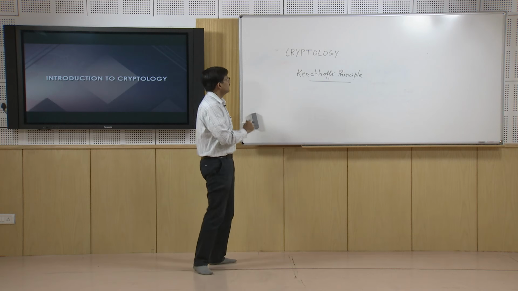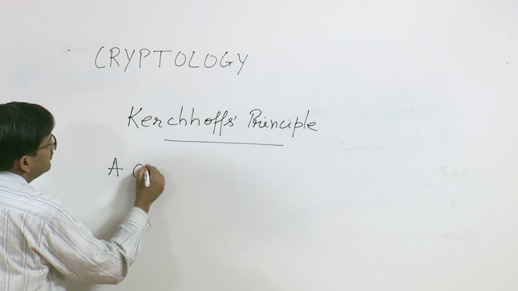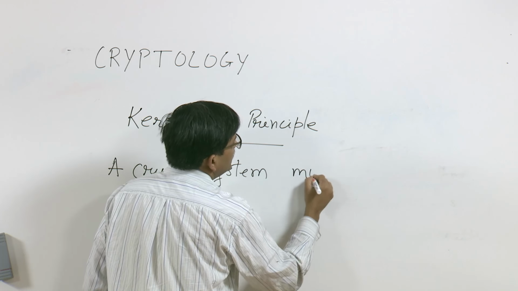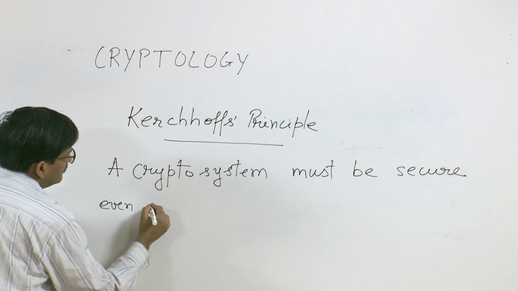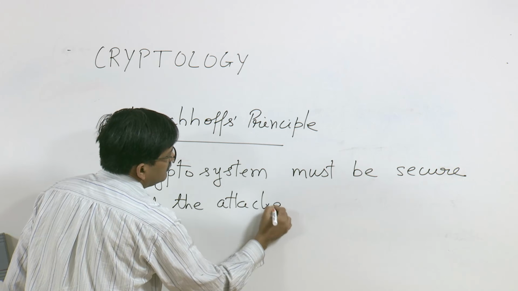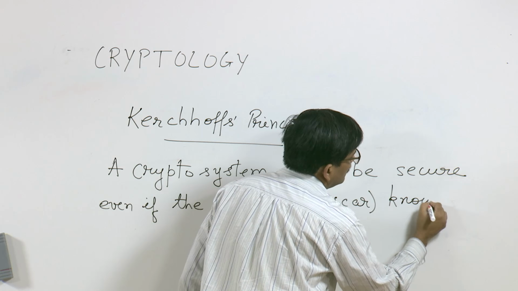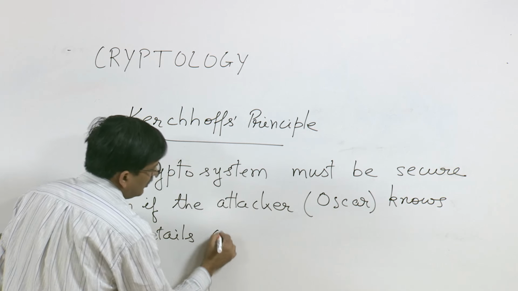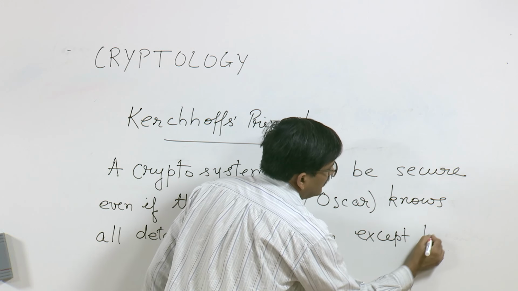Kerckhoffs' principle says that a crypto system must be secure even if the attacker, in our case Oscar, knows all details of the system except the key.